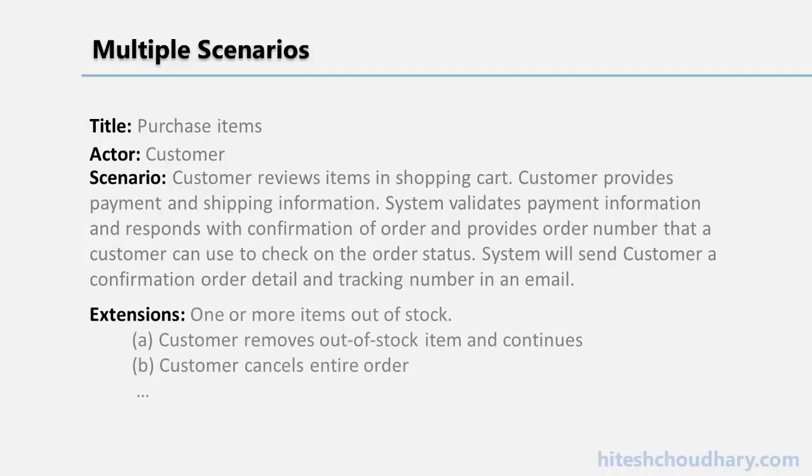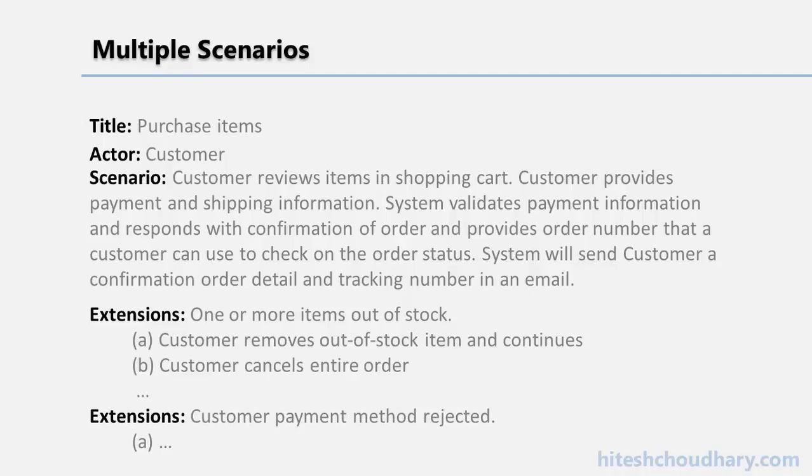So in the case of purchase item, we might have a couple of options for what happens when something is out of stock. What happens if the customer's payment method is rejected? But you are not trying to envisage all the bizarrely unlikely but technically possible events. Just the typical situations that would occur and what you want to do with those situations.